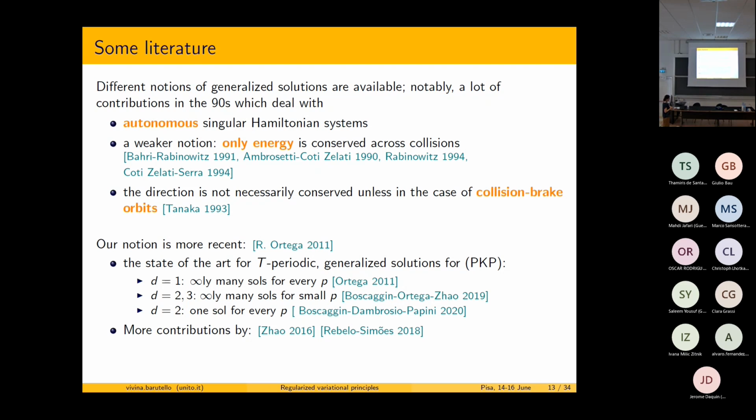First of all, it has been introduced by Rafael Ortega in a paper where he proved the existence of infinitely many periodic solutions in one dimension. And then it has also been used by Alberto Boscaggin, Ortega, D'Ambrosio, Papini, Zanolin, a group of people that work on this subject.